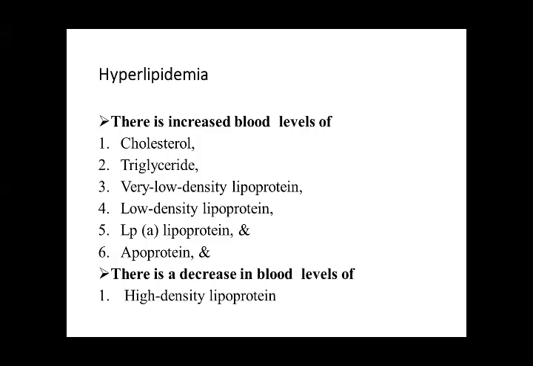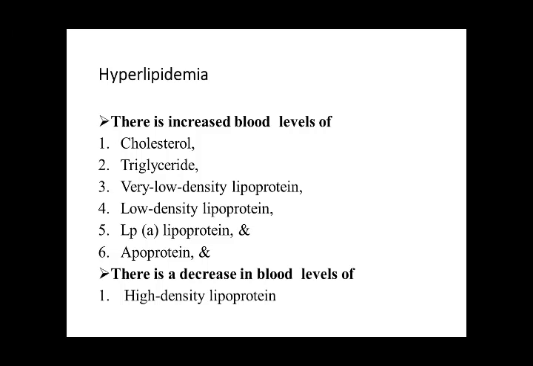So all the bad quality proteins increase, right? All the bad quality proteins increase: cholesterol, triglycerides, very low density lipoproteins, low density lipoproteins, and apoprotein. We call them bad quality, but actually they are needed at one place or another. It is only a problem if you do not utilize them appropriately.